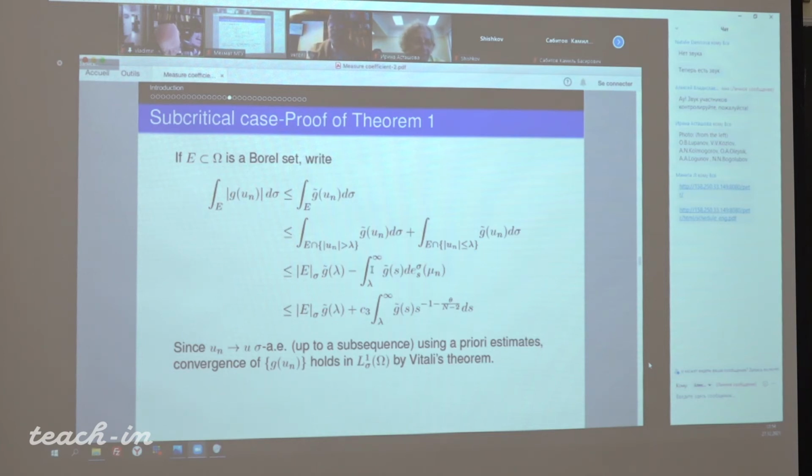So I just make integration using the measure of the set where UN, or if you want, even where G of UN is bigger than lambda. So I have this term here. I make integration by parts, and I obtain exactly the condition that I want.